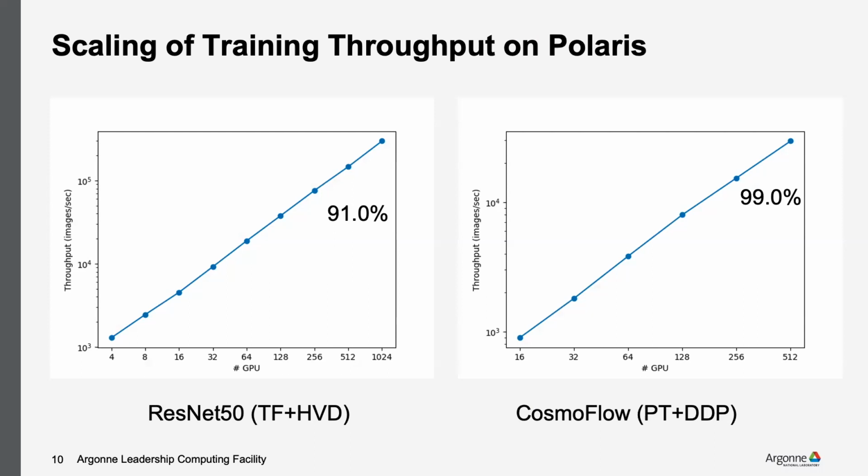ResNet 50 was using TensorFlow plus Horovod. And CosmoFlow is PyTorch plus DDP. It's more compute intensive, so the scaling efficiency is pretty high, 99%.